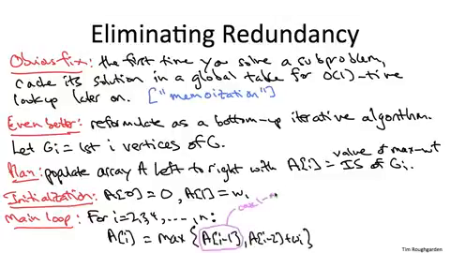If it's not that, there's nothing else that can be other than including the last vertex V sub i and being an optimal max weight independent set for the graph G sub i minus 2. We know it's one of those two things. We don't know which. We do brute force search among the two possibilities, and that gives us the optimal solution for the ith subproblem.